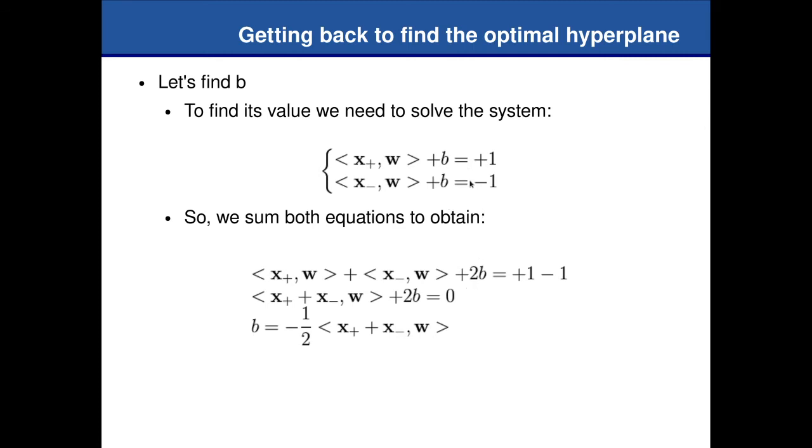And of course here it is going to be 0, because plus 1 and minus 1 will be 0. So if I solve this for b, I have minus half times this product. What is the solution for this? I just have to take the closest positive point and the closest negative point to the hyperplane. And that's going to be my solution for this b.